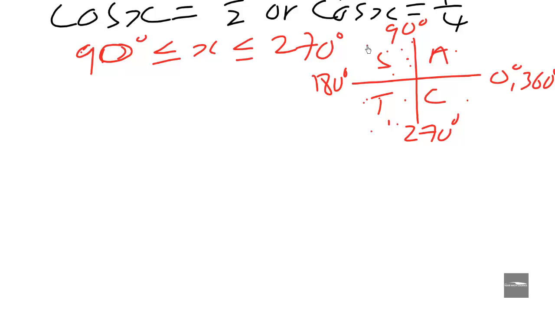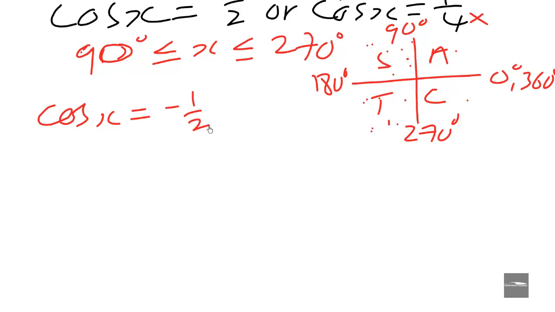So since we are talking about second and third quadrant, we discard this particular value for cos x. So we are going to consider cos x equal negative 1 over 2.